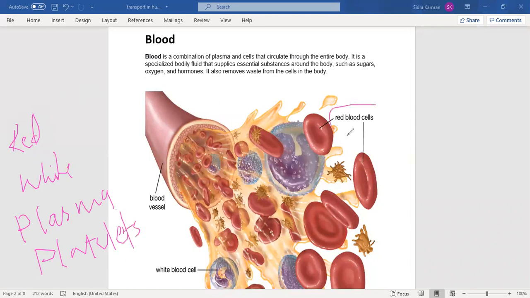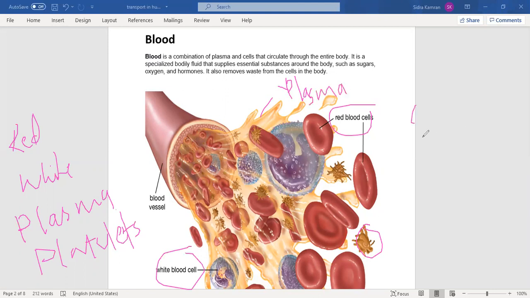Here you can see the red blood cells, the white blood cells, platelets, and this yellowish material is plasma. So all these components combine together and make blood.